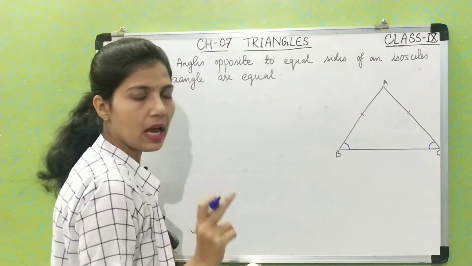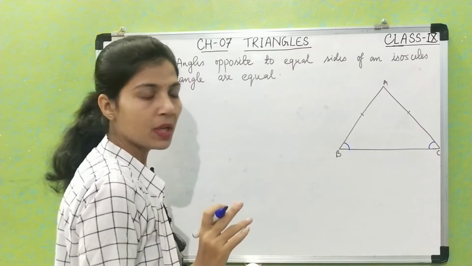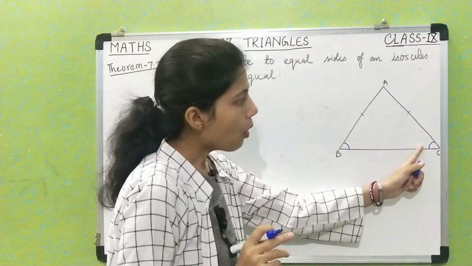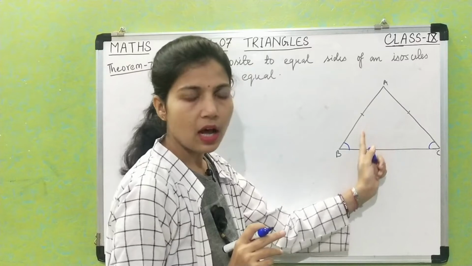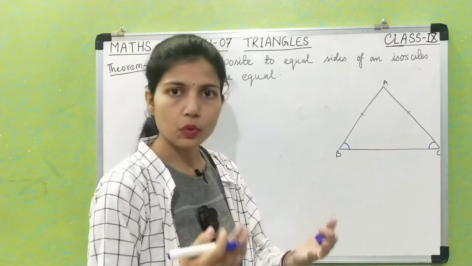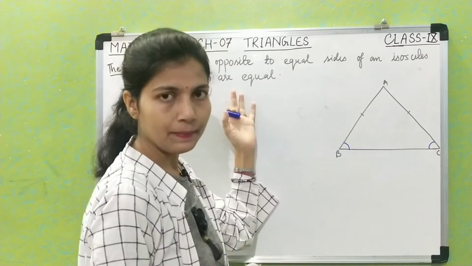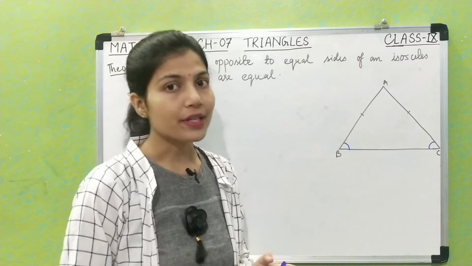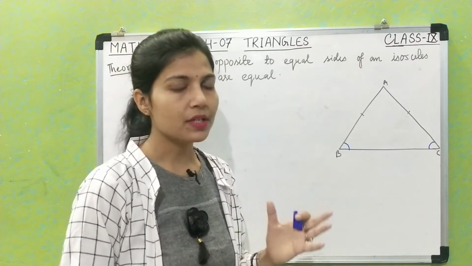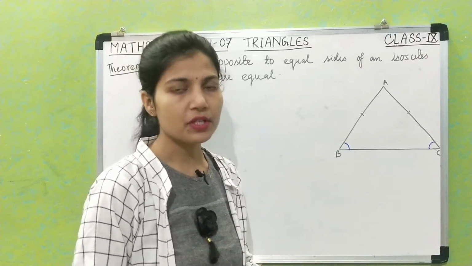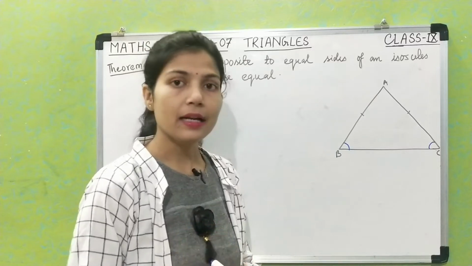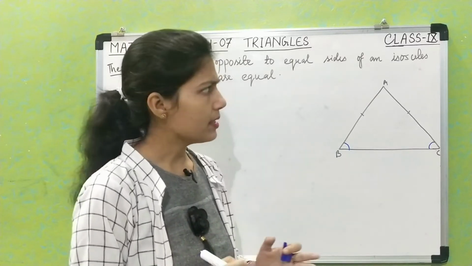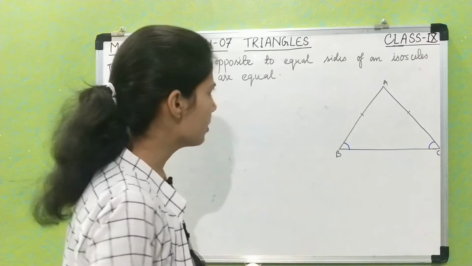Okay, so in an isosceles triangle, angles opposite to equal sides are equal. So that we have to prove through a theorem using congruency criteria, which we have discussed in previous sessions, SAS and ASA. Okay, so let's see which one we will use in this theorem.